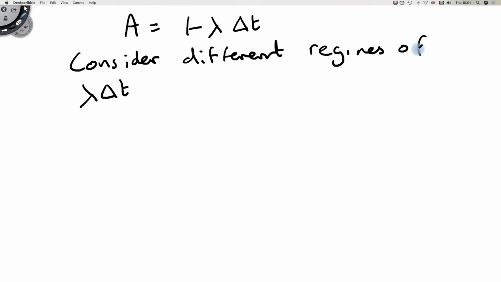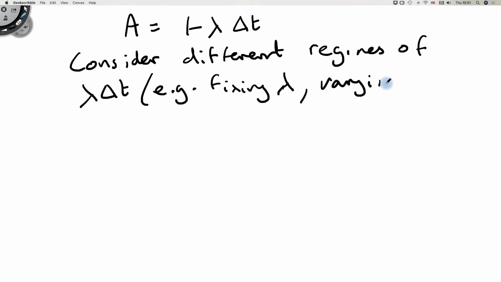You could be fixing lambda, that might be a fixed part of the problem you're solving, and varying delta t, your time step. Quite often you find that the stability improves, though not always, with decreasing delta t. So that's one way of looking at it.